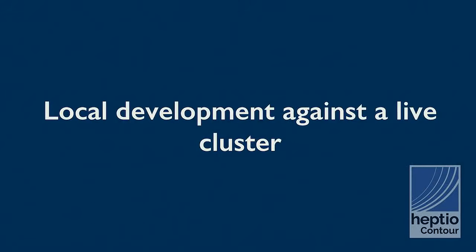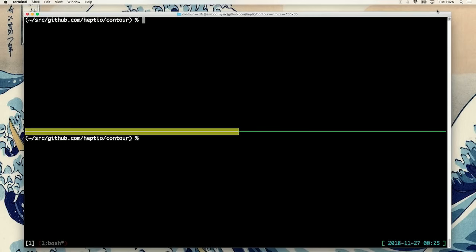So here are some of the ways that we do this. That was the unit test you just saw. But how do we know if this thing is actually working? There's a difference between test pass and working software. And we have a bunch of ways of doing this to try and avoid that Docker build and push and reload cycle. So in this example, we have Contour running on this laptop.